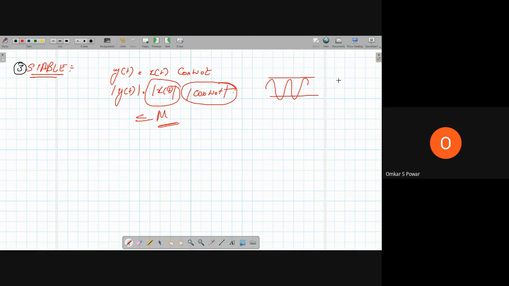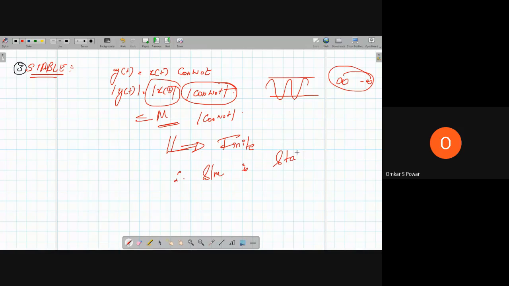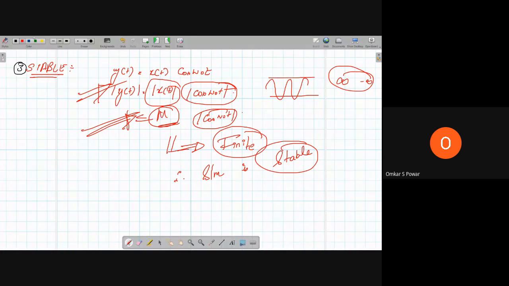It doesn't go to infinity or minus infinity. So this is also well within the limit. Therefore this term is finite. Therefore the system is stable. What I have done is taken the modulus, and these values lie well within the limits and are finite. Therefore the system is stable.